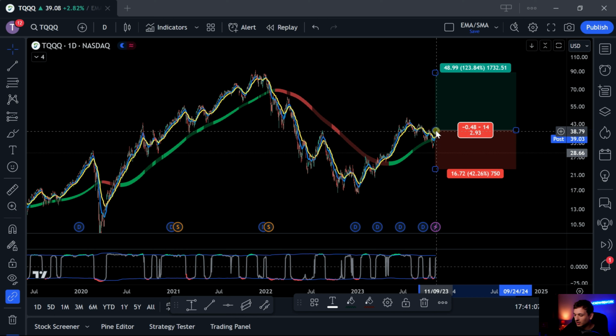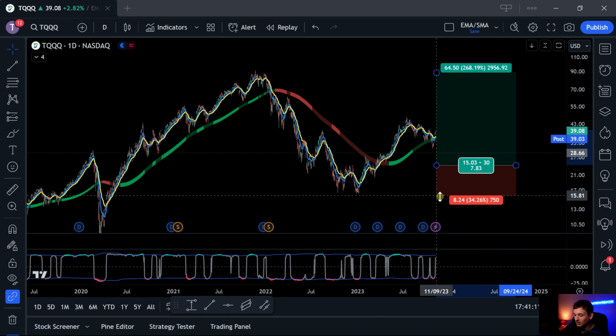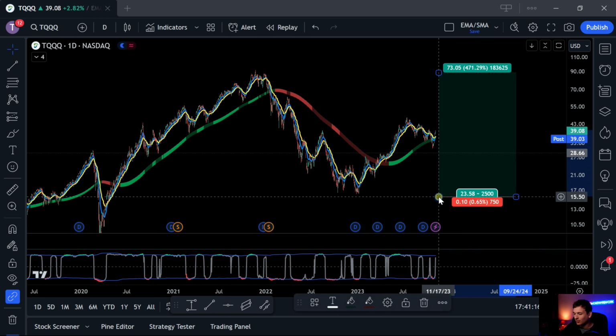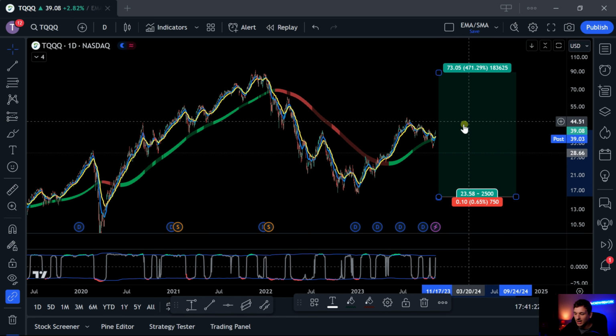And we also talked about how it would be great actually if it went back down to these lows, because that would be, what was it, 460%? Yeah, about 460, 470%. And so I would just be scaling into my positions if this went down.